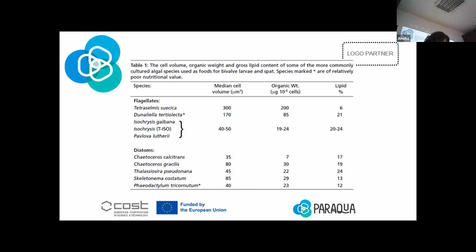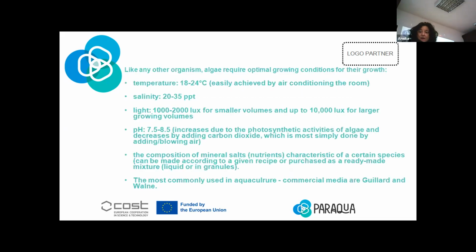It could also be connected to the strains, but such variations in chemical composition will be produced by different environmental conditions. So all these tables I would take as something approximative, and that should be checked in your own culture.